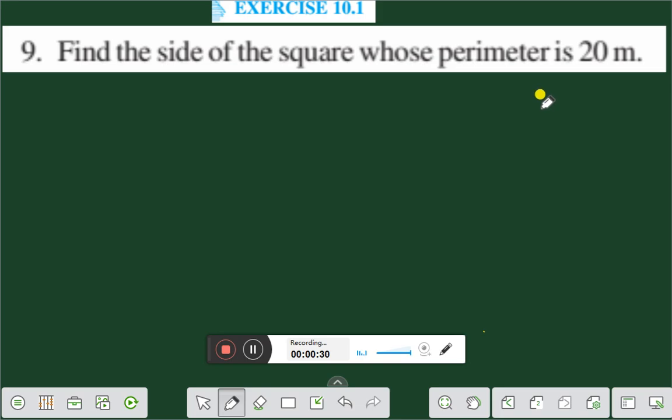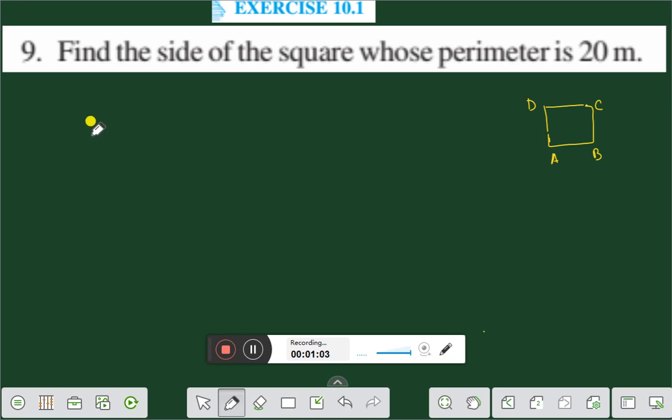Suppose this is square ABCD, right? Find the side of the square whose perimeter is 20 meter.